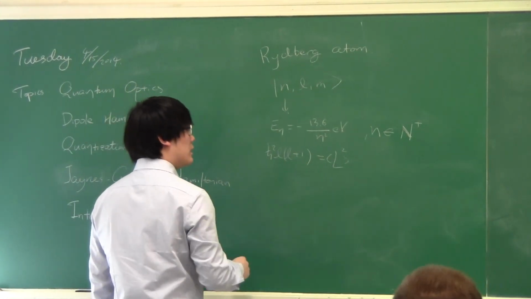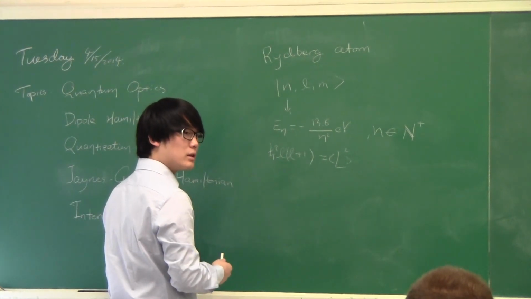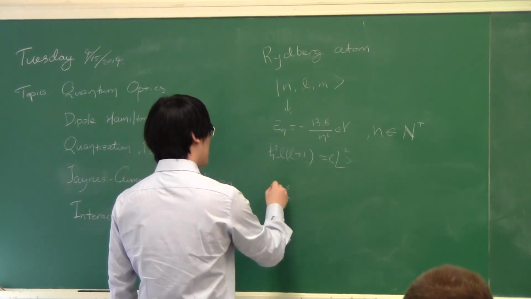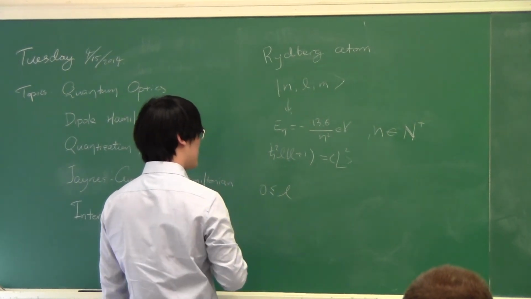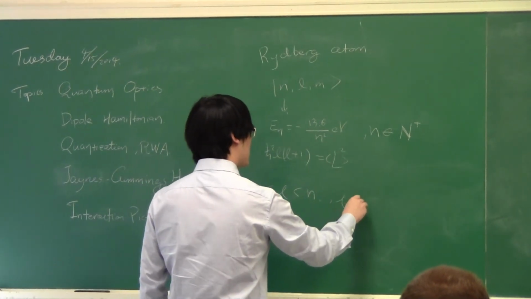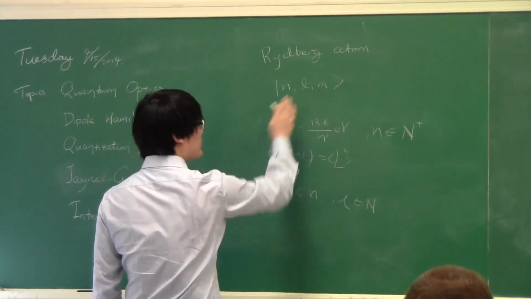And then l can range from 0 to n minus 1, so l is greater than or equal to 0, less than n, and also l is an integer value. Let's not worry about m for now.